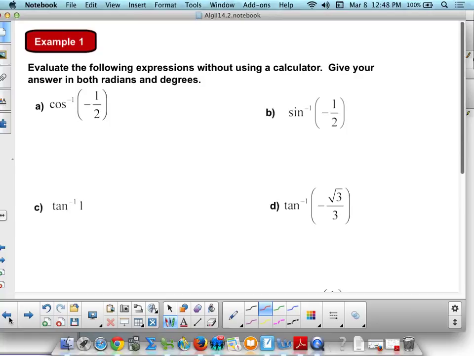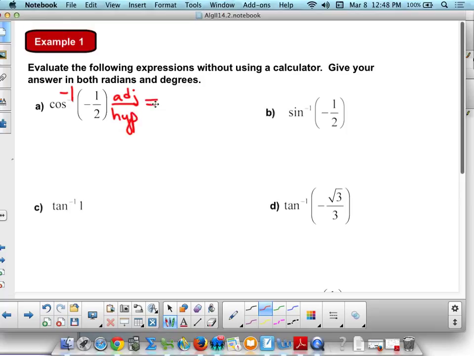Okay, here's our first problem. Evaluate the following expression without using your calculator. Give your answer in both radians and degrees. This says inverse cosine of what ratio? Negative 1/2. But it's negative, isn't it? Okay, forget the negative for right now. If we're talking cosine, the top number is the adjacent, the bottom number is what?